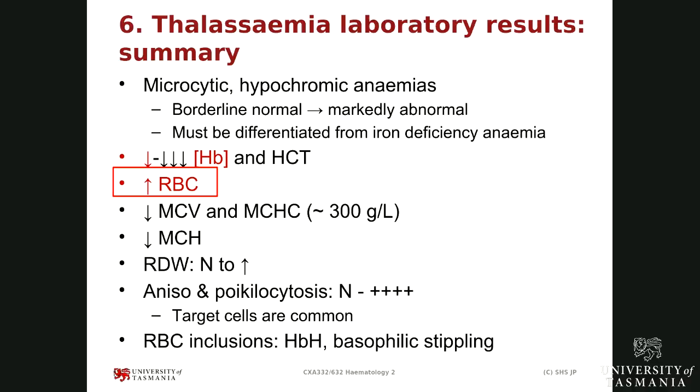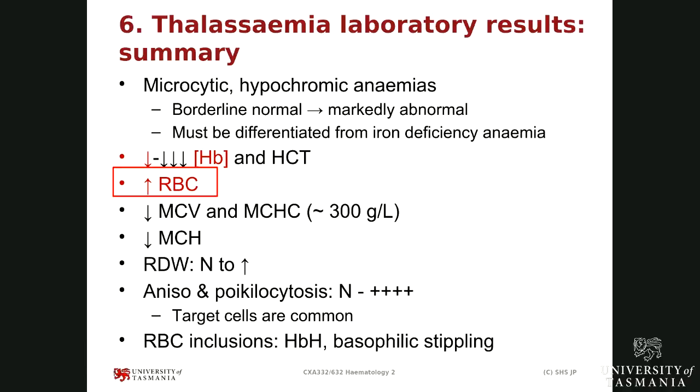The really important thing to note here, as I pointed out before, is that with the thalassemias, even though the hemoglobin concentration can be reduced, the red cell count may not be, depending on the form of thalassemia that you have. So if you come across a case study where you have a low hemoglobin with a normal or increased red cell count, the first thing that should jump into your brain is, I wonder if this person has thalassemia.